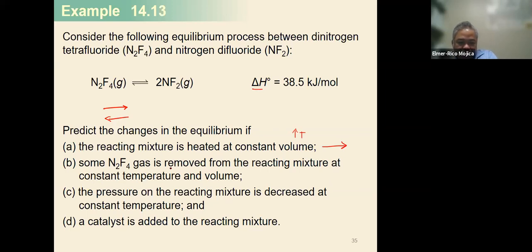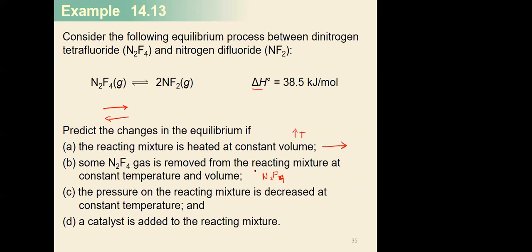Next one, some N2F4 gas is removed from the reacting mixture at constant temperature and volume. So what happened to this, increase or decrease? Is the N2F4 increasing or decreasing in this condition? Decreasing.